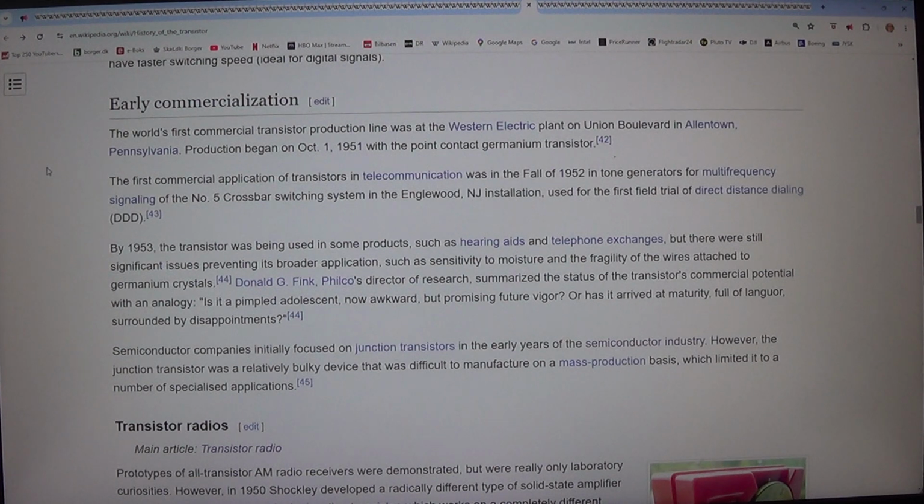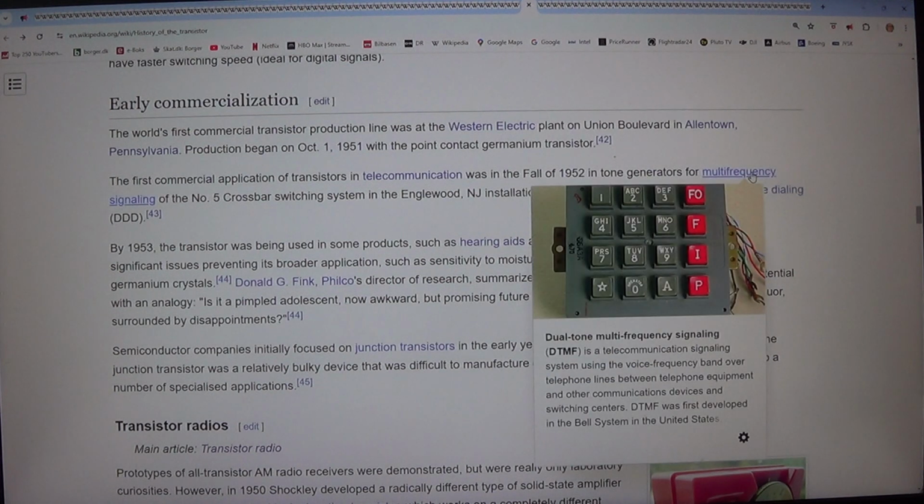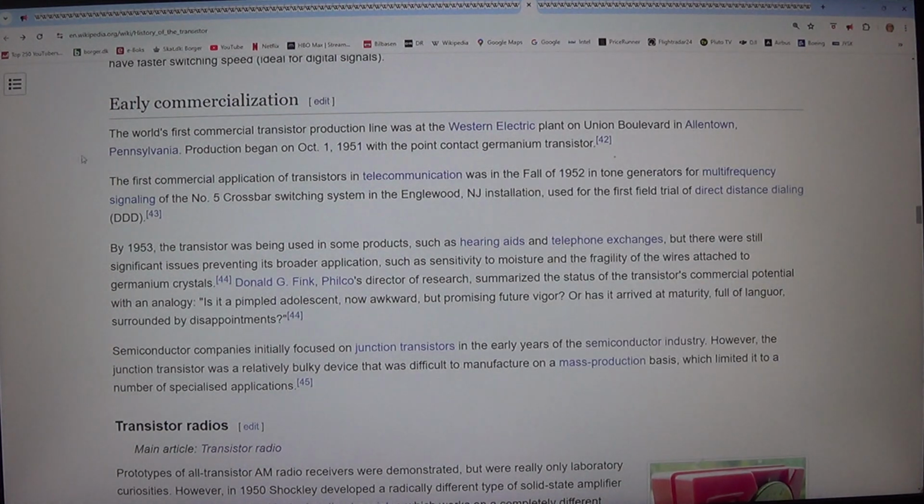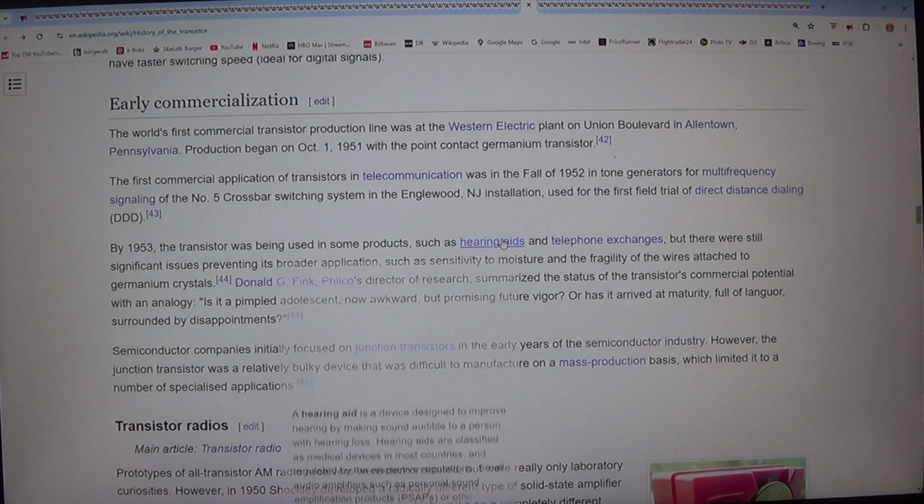The first commercial application of transistors in telecommunication was in the fall of 1952 in tone generators for multi-frequency signaling of the number 5 crossbar switching system in the Englewood, NJ installation, used for the first field trial of direct distance dialing, DDD.